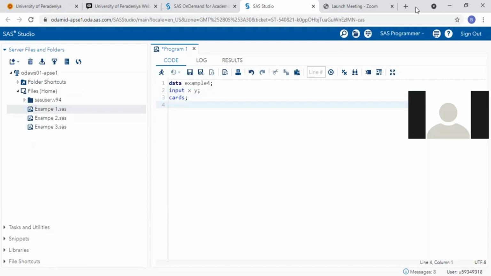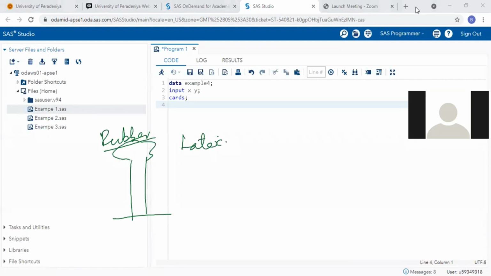I will take some example. Let's say rubber tree. In rubber tree, the ultimate product is latex, right?